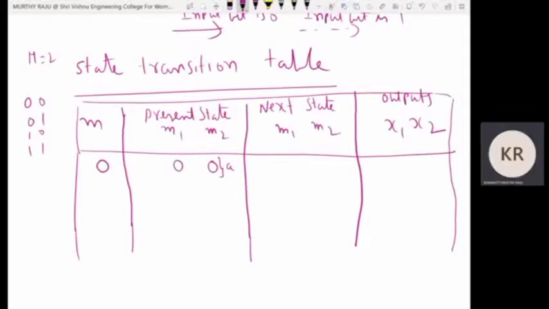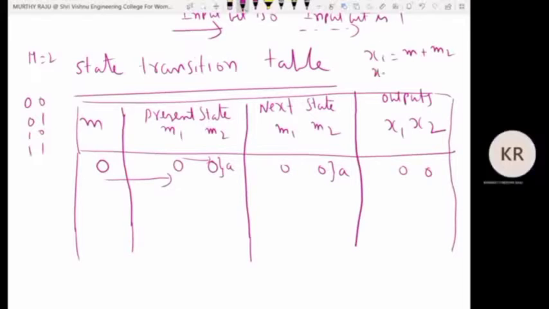The next state is also 0, 0, performing a shifting operation. 0 is shifted here. State A. Output is 0, 0 because X1 is equal to M exclusive OR with M2, and X2 is equal to M exclusive OR with M1 exclusive OR with M2.